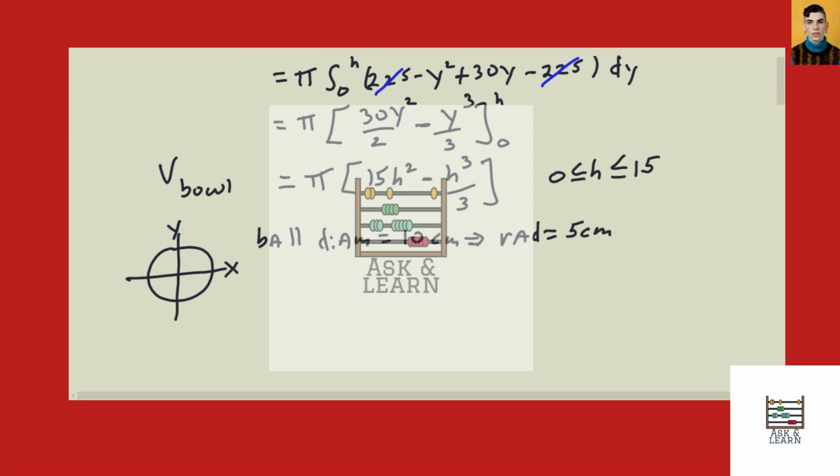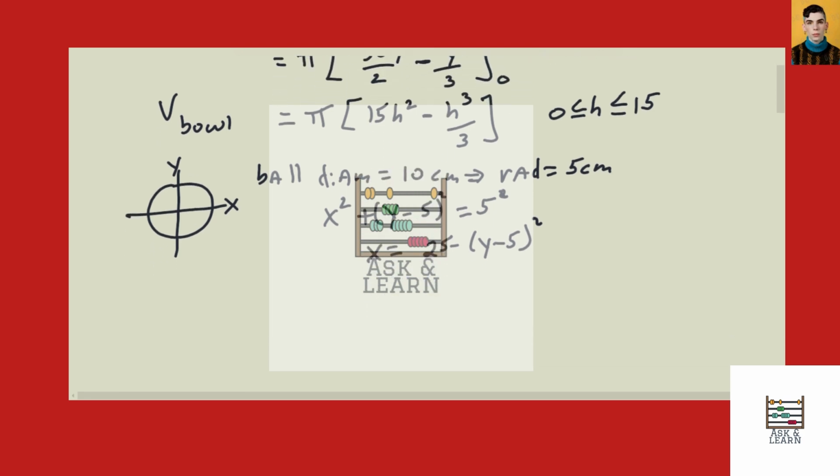We write the equation for that circle: x squared plus (y minus 5) squared is 5 squared. So x is the square root of 25 minus (y minus 5) squared.